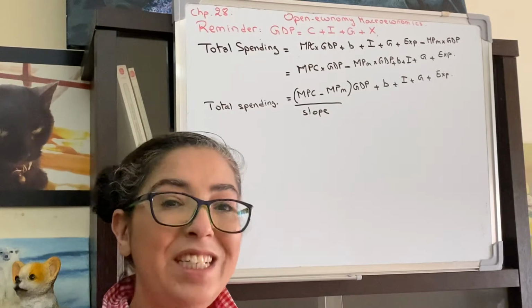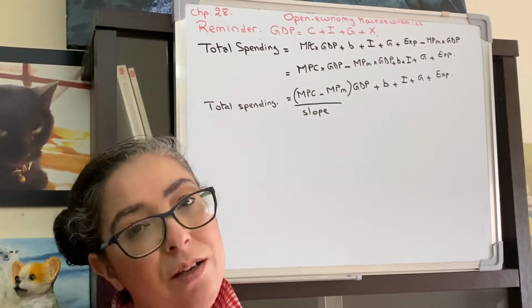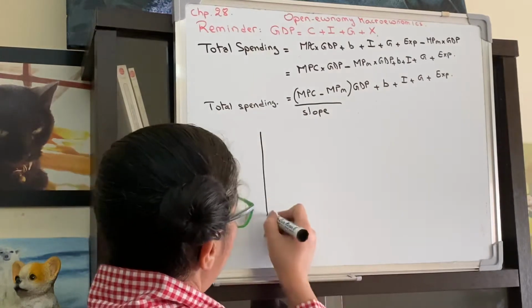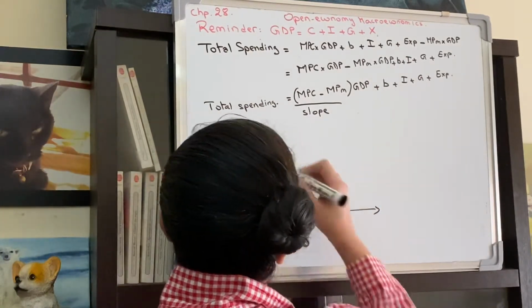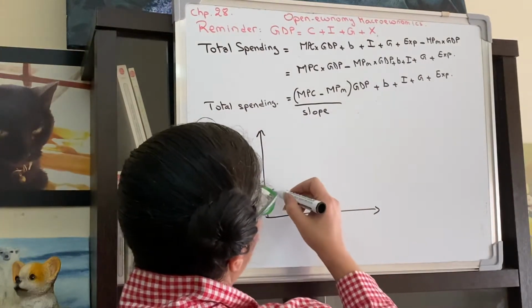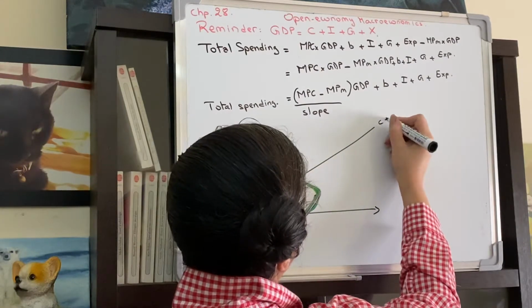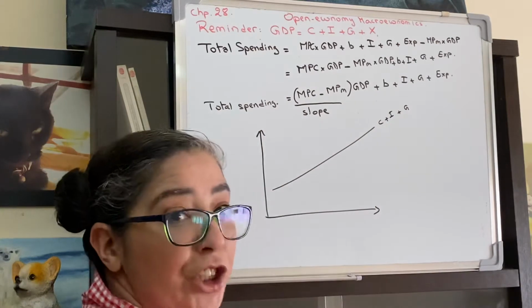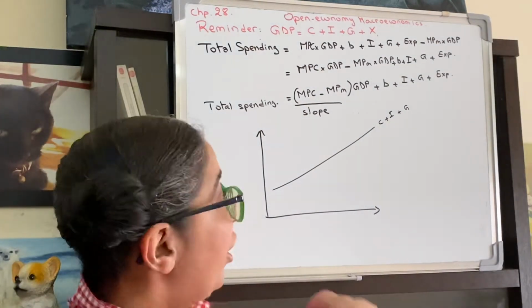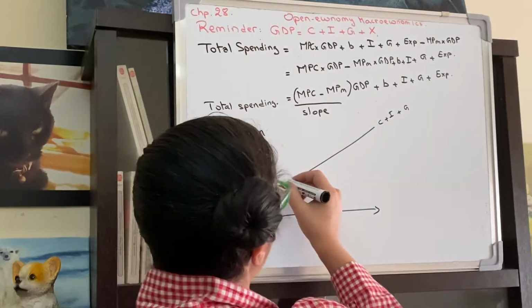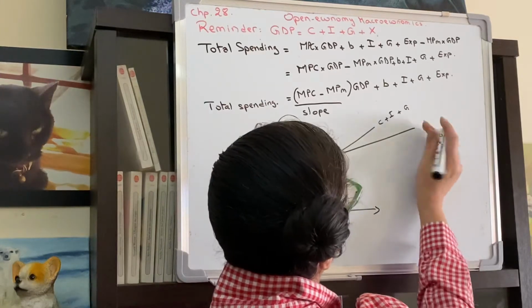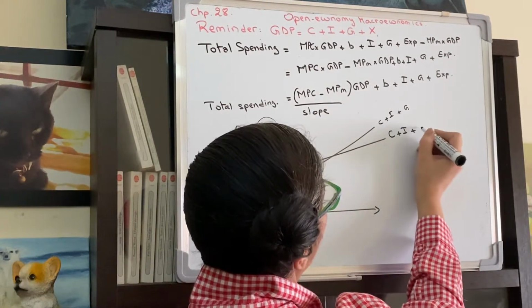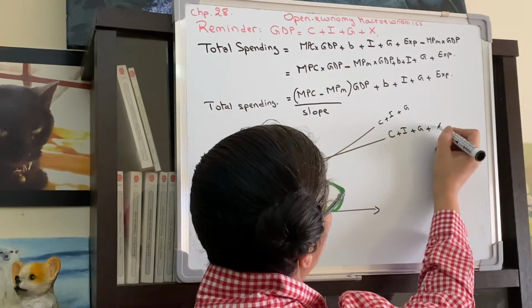So it actually tilts your function. So, if this was your C plus I plus G function, the new function is going to be tilted, C plus I plus G plus X.